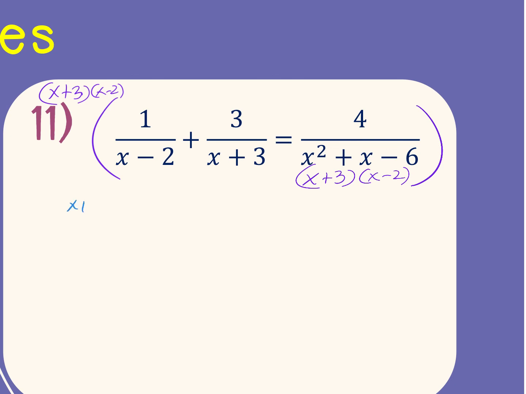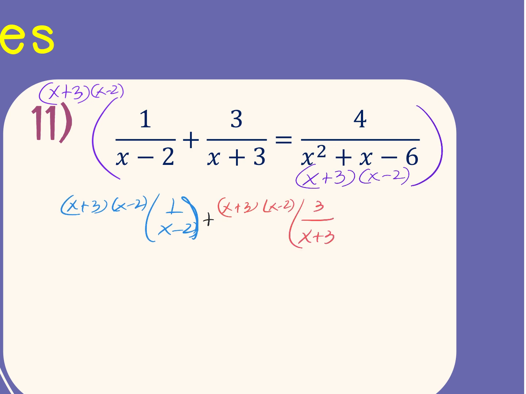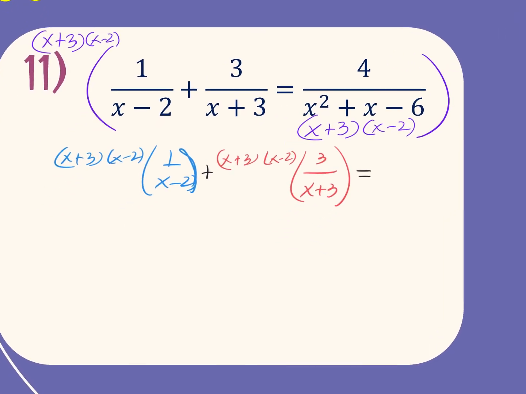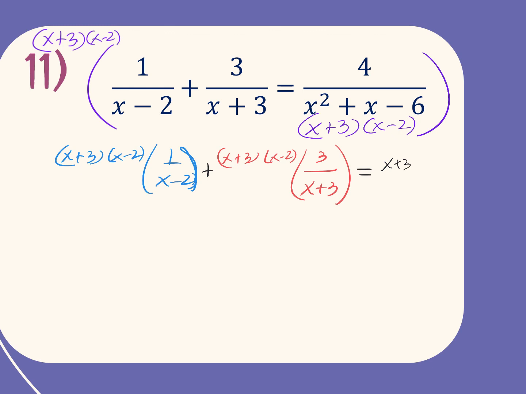So I write x plus 3, x minus 2 times the first term, then the next term, same thing, x plus 3, x minus 2, 3 over x plus 3, and then finally the answer, x plus 3, x minus 2 times 4 over x plus 3.